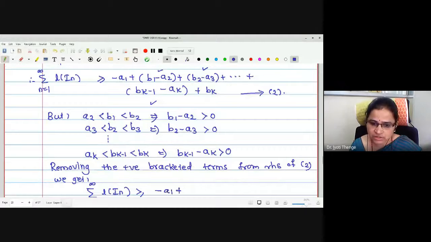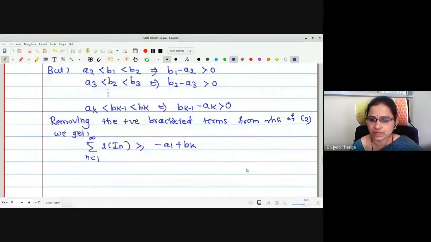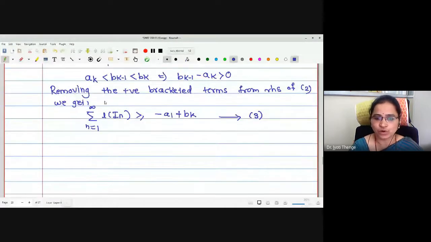Is it minus A1 plus BK only? Let me call this statement number 3. Now we want to check the value of minus A1 plus BK. A1 and BK are arbitrary points we have plotted for our convenience. Therefore, we will try to find the relation of this value with the length of the interval. For this, let me continue further.